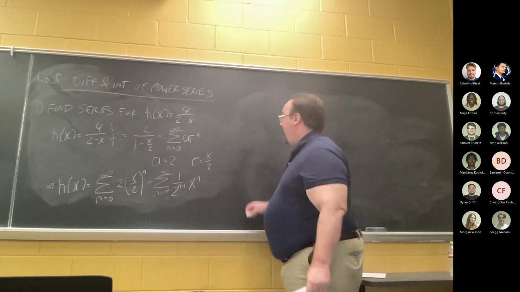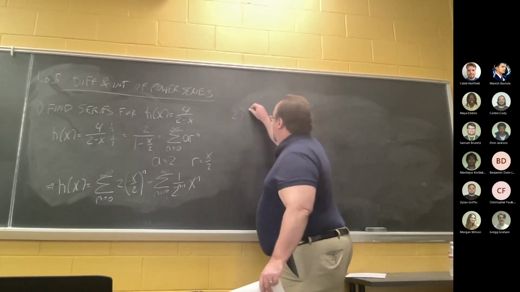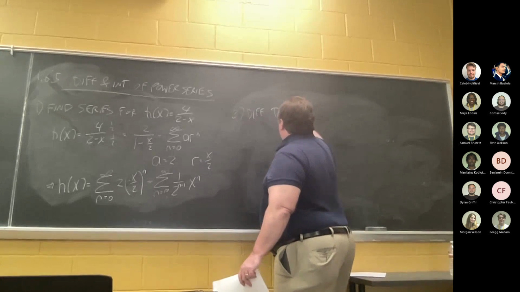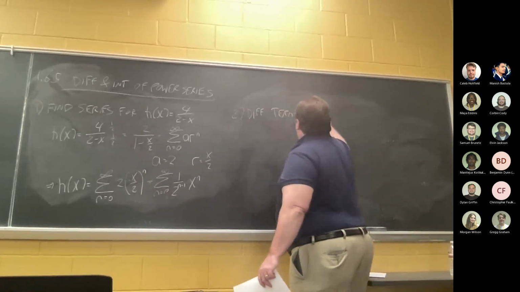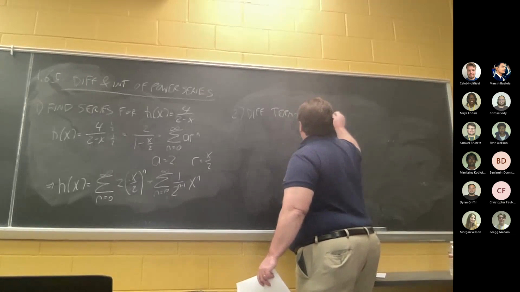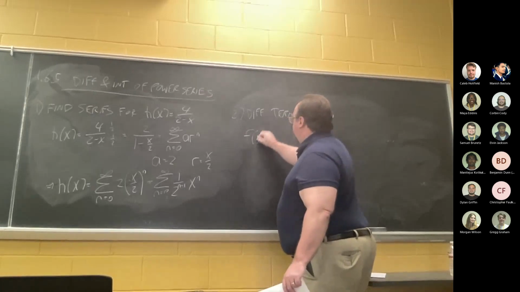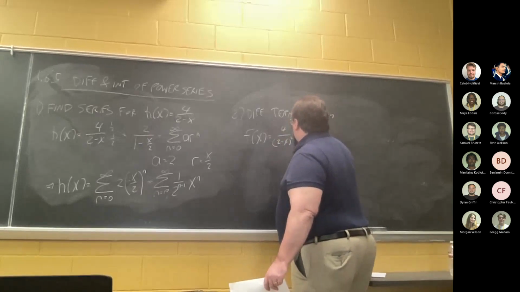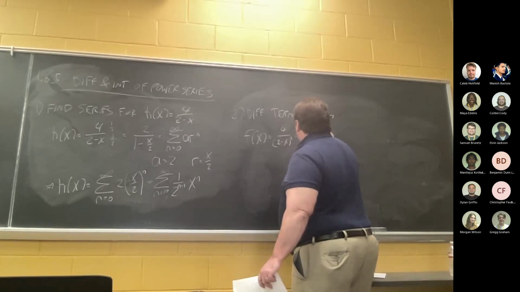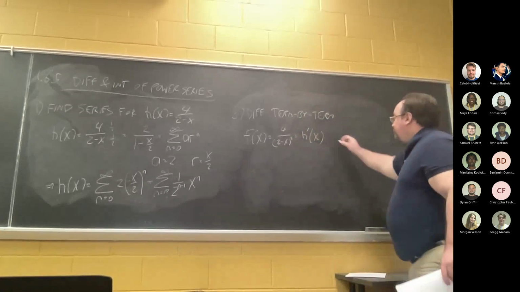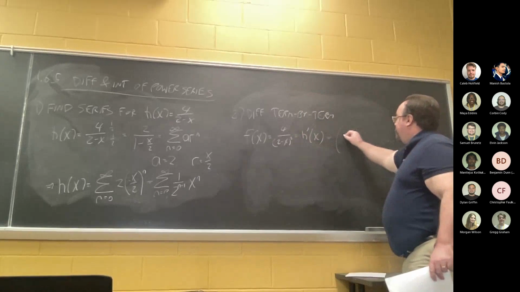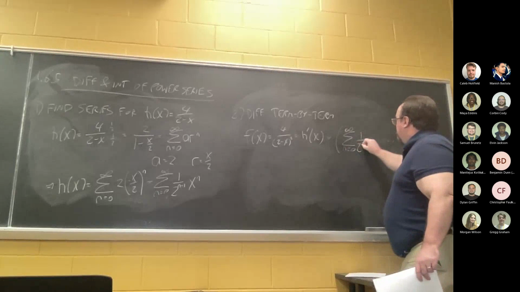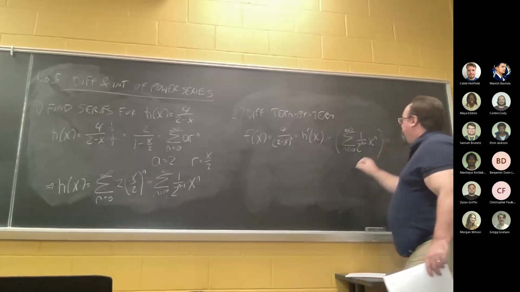Okay. Now, the next step is I differentiate term by term. So the function I want the power series for, which is 4 over 2 minus x squared, that is h prime of x. That would be the derivative of this whole series.